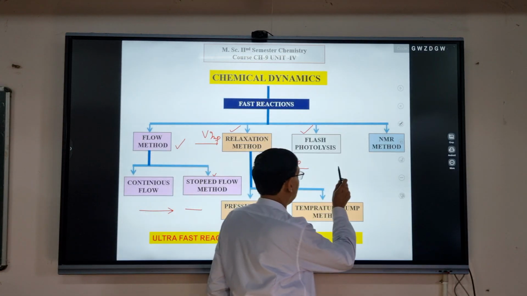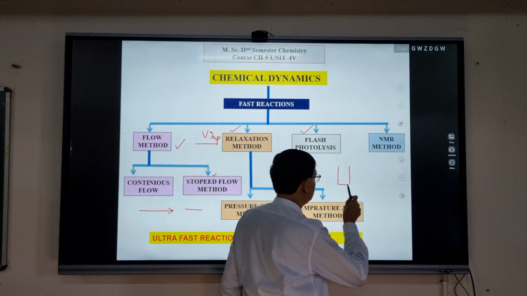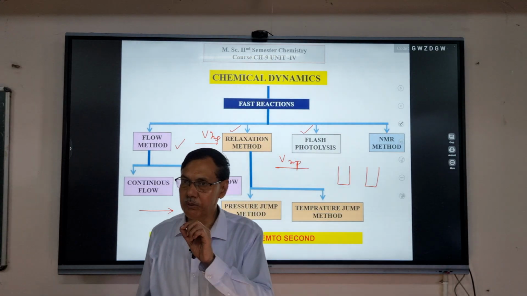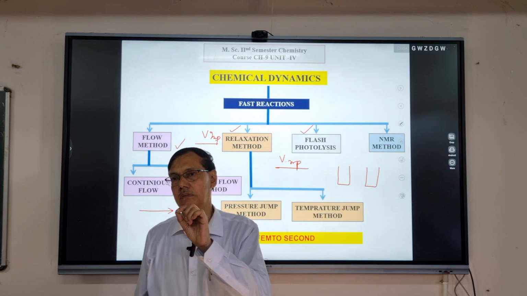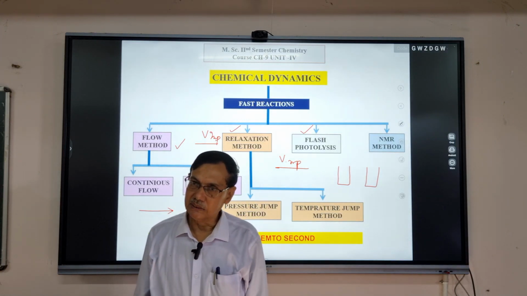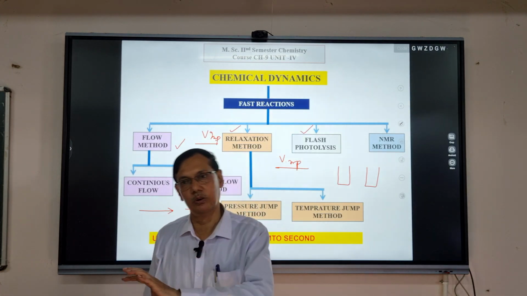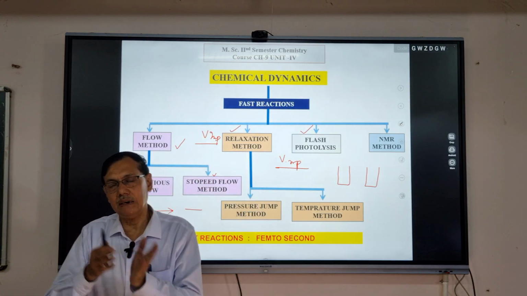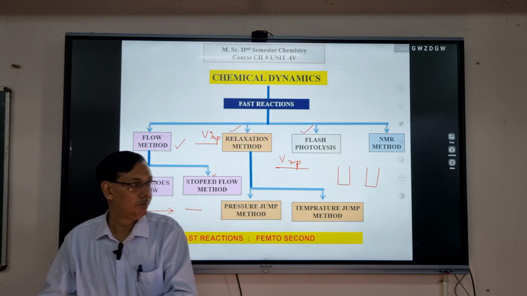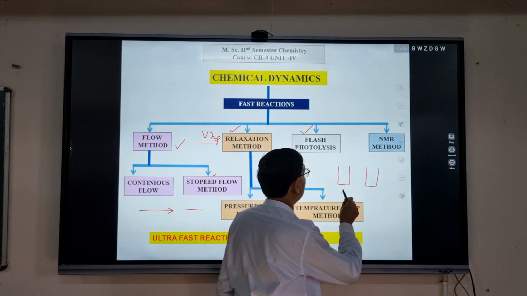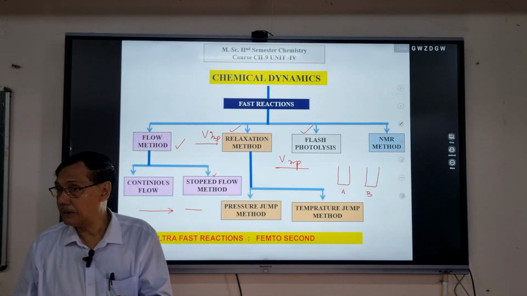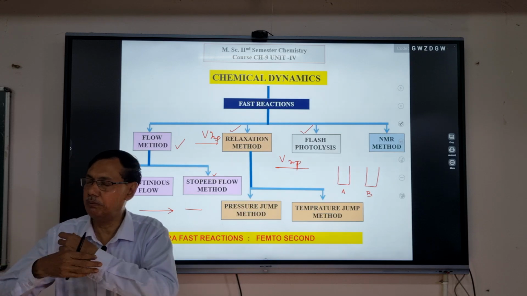Suppose these are 2 reaction vessels, whether you are performing the methyl acetate and hydrochloric acid reaction, or oxygen and hemoglobin, or ferric chloride and thiocyanate ion, whatever it is, or A plus B plus C. So there must be reaction vessels A and B. Because it is an ultra fast technique, there is no question of manual work or a burette.